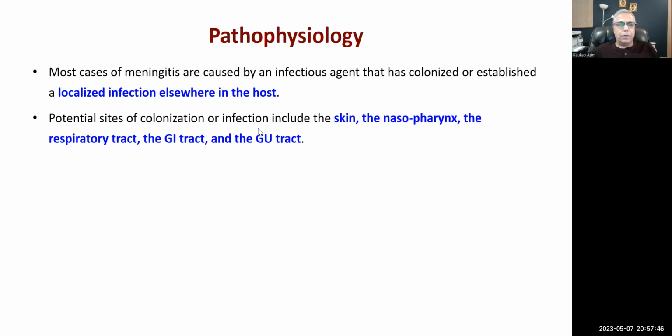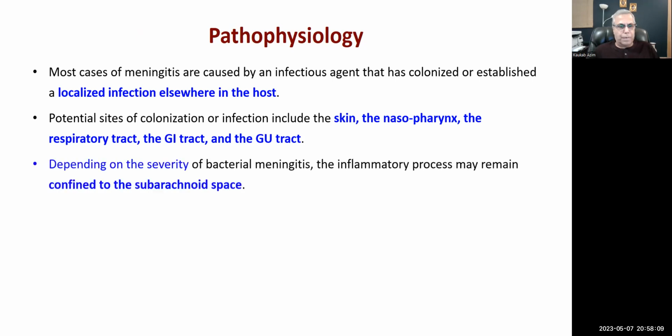Potential sites of colonization or infection include the skin. Obviously, there has to be a breach in the continuity of the skin so that the bacteria enter the bloodstream and reach the brain, the nasopharynx, the respiratory tract, the GI tract, and the genitourinary tract. It could come from anywhere.